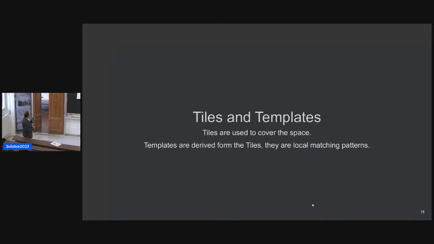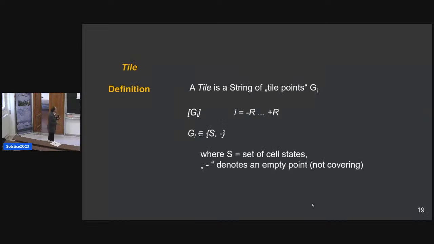And now the tiles and templates, more and more details. The tiles are used to cover the space, and the templates are derived from the tiles. In principle, they are local matching patterns. A tile is a string of tile points, GI, in a certain radius, a small pattern like 0, 1, 0, for instance.